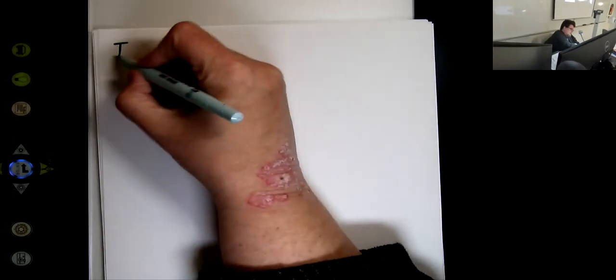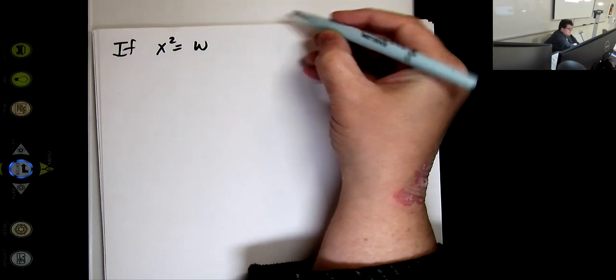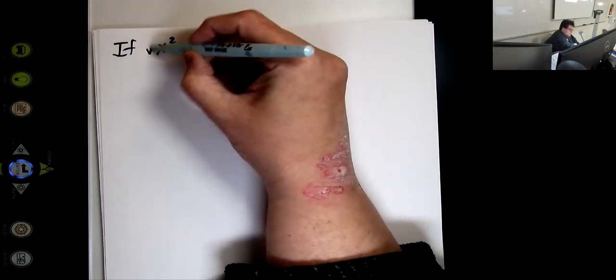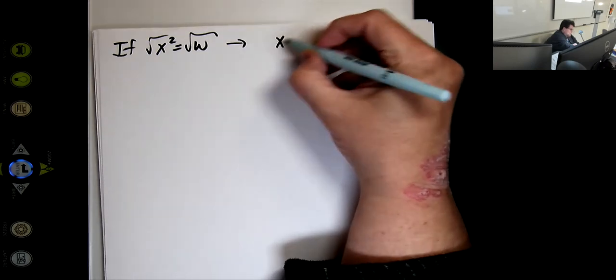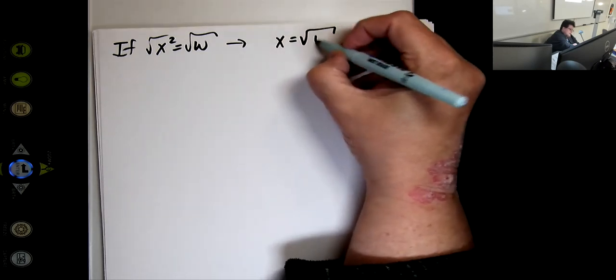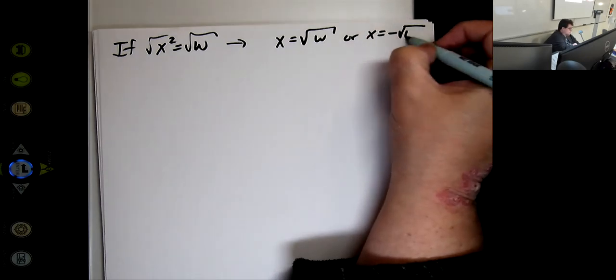There are other ways to solve a quadratic equation. For example, if x squared equals, I don't know, w, I can take the square root of both sides. And then x equals the positive square root of w, or x equals the negative square root of w.